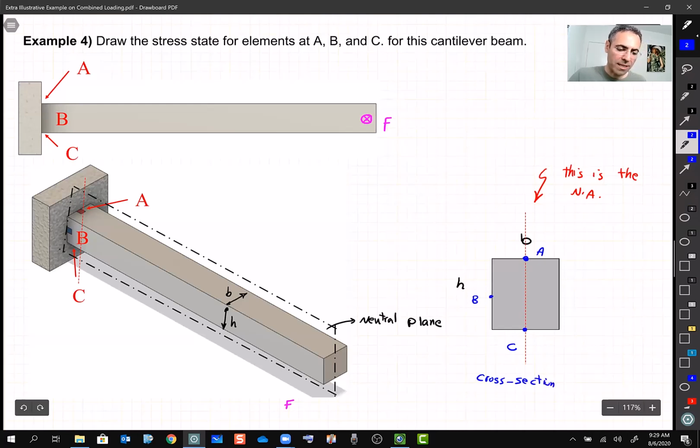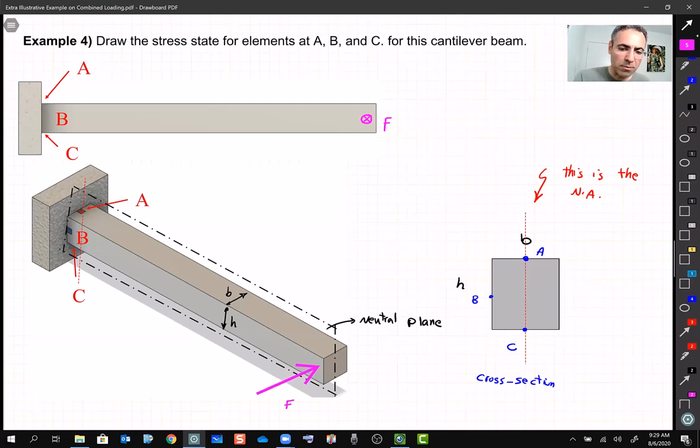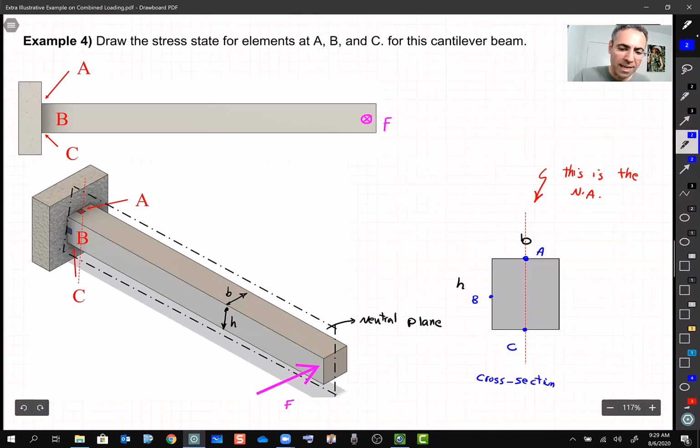And as you can see, because of this load that we just applied and the way this beam is bending, stress at points A and C is going to be 0 because they happen to be on the neutral axis. So sigma is 0 and sigma is 0.